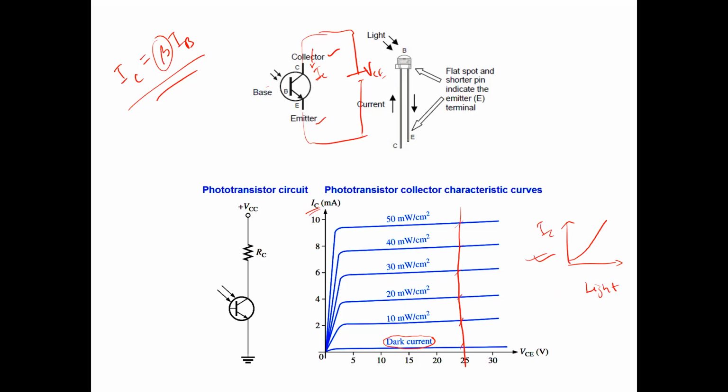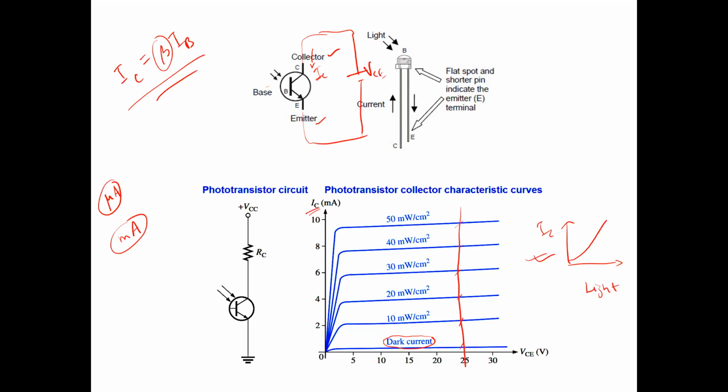However, one advantage of the phototransistor is that compared to photodiodes, the magnitude of current will be higher. In case of photodiodes, the current is in the range of microamperes, while in case of phototransistor, the current will be in milliampere range, because this phototransistor is going to work as a kind of amplifier.